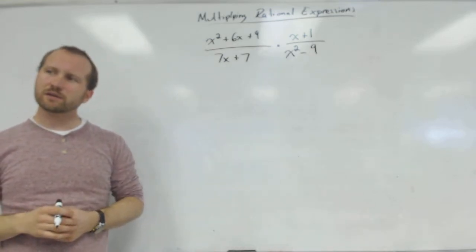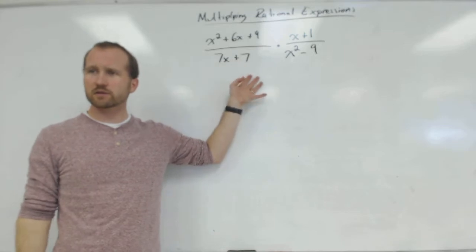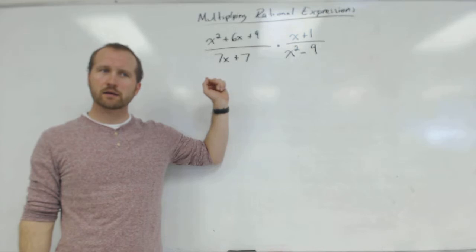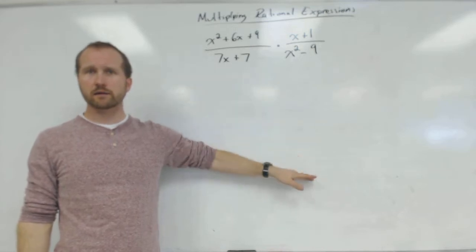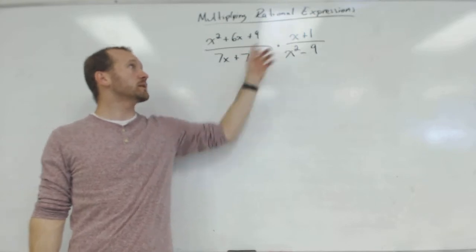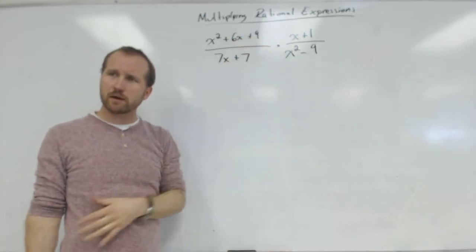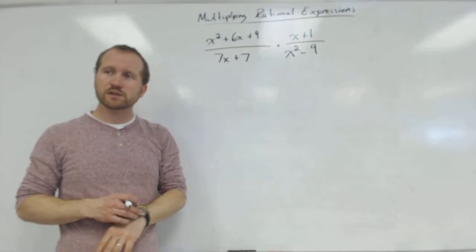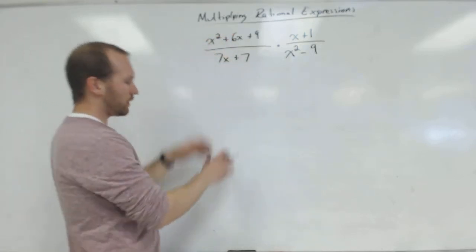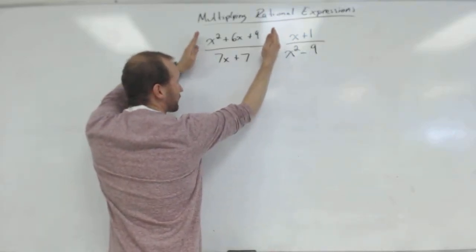So essentially, the way that I think about these is, this is the same thing as simplifying rational expressions. I'm not really going to multiply until the very end. The first thing I'm going to do is factor the tops, factor the bottoms, and look for something to cancel between the top and bottom. Before, we would have just had one fraction.